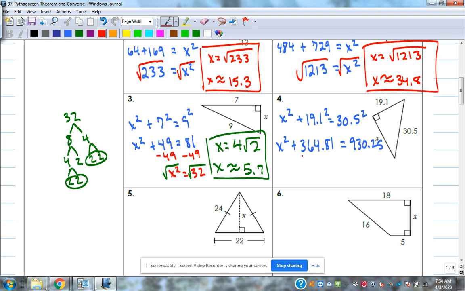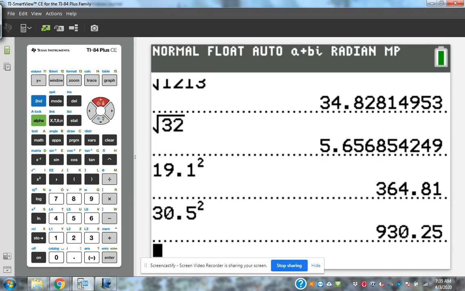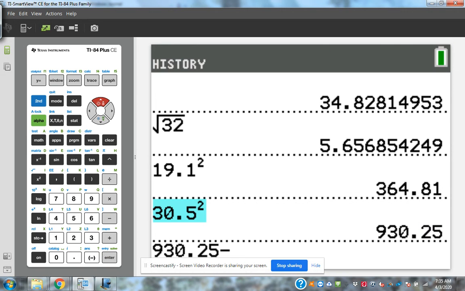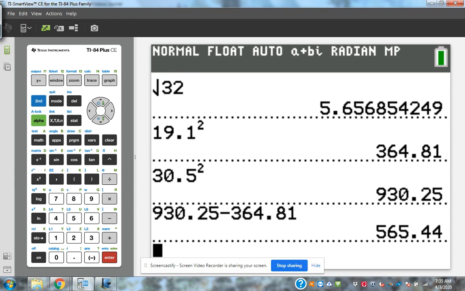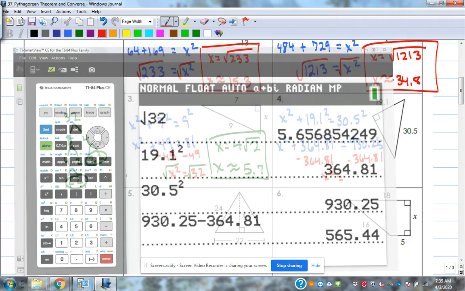And we're going to subtract: 930.25 minus 364.81 is 565.44.